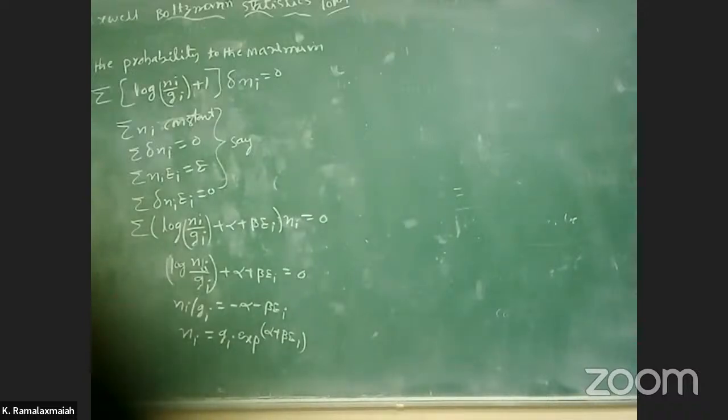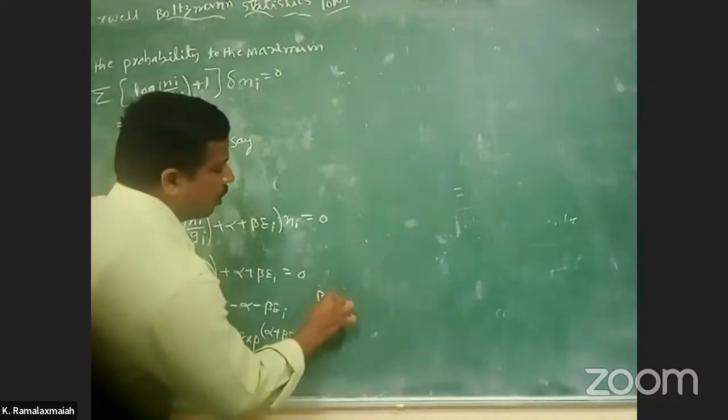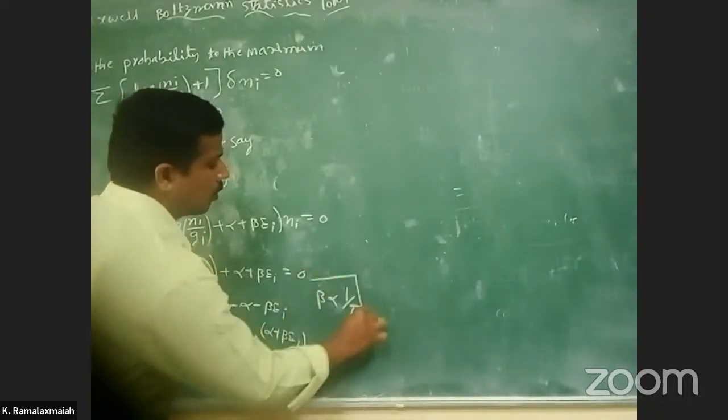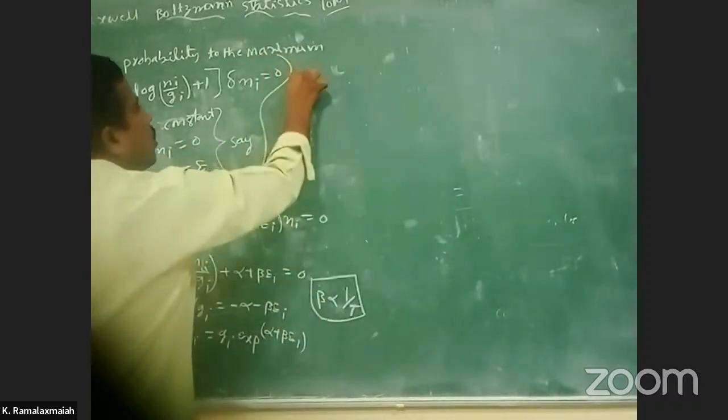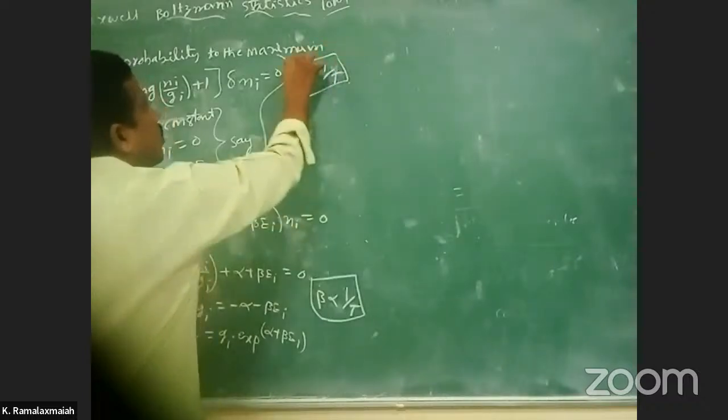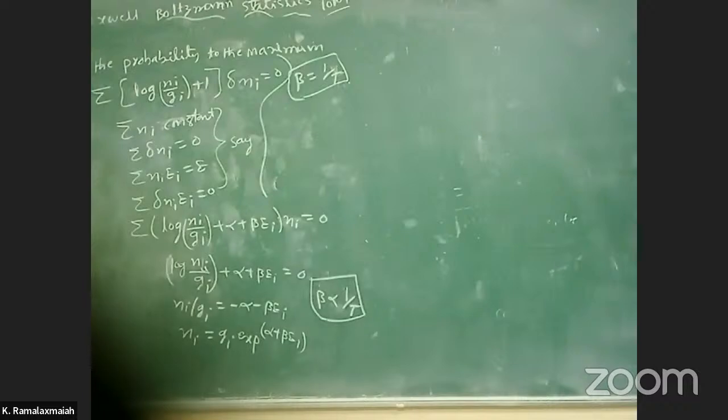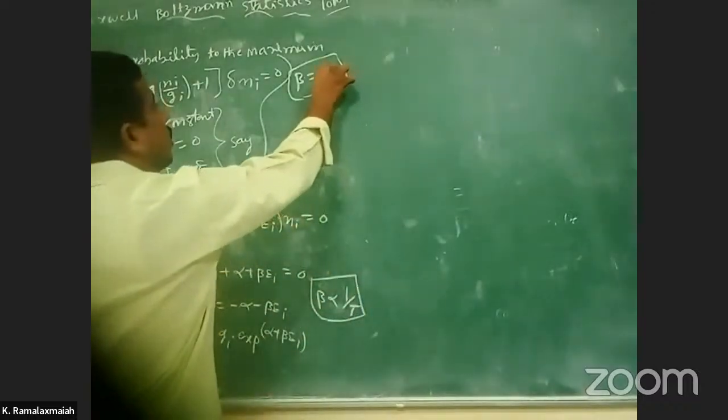Beta can be 1 by t, and here beta is equal to 1 by kt, not t, that is kt.